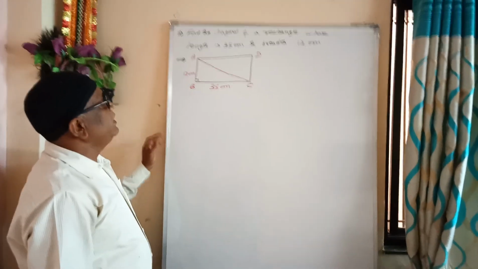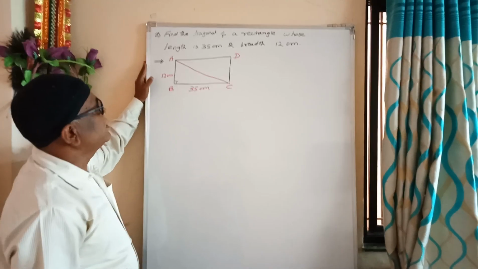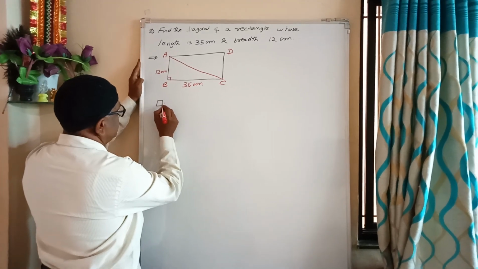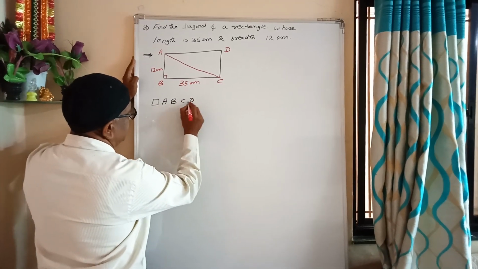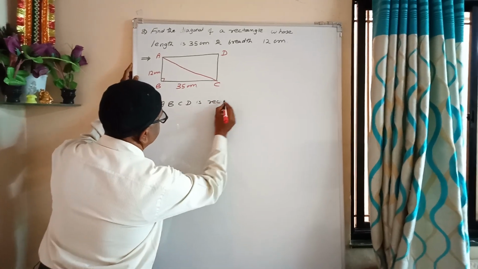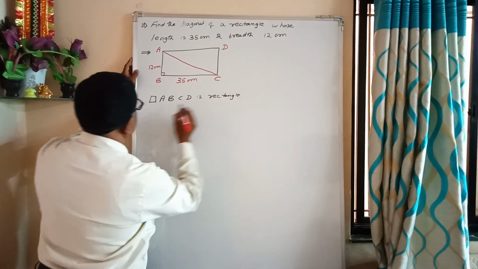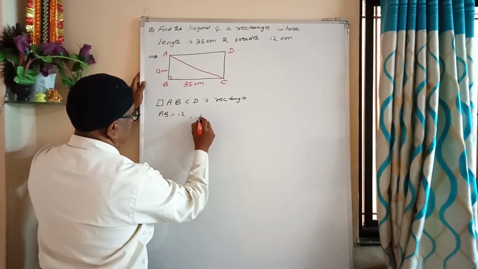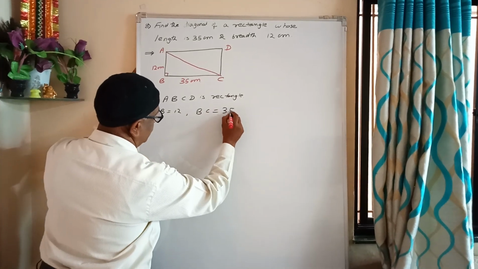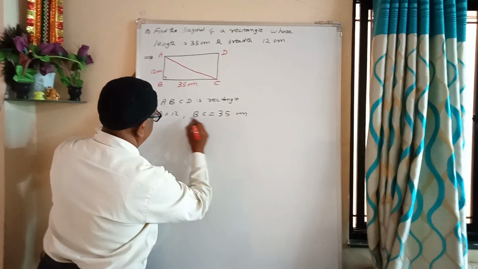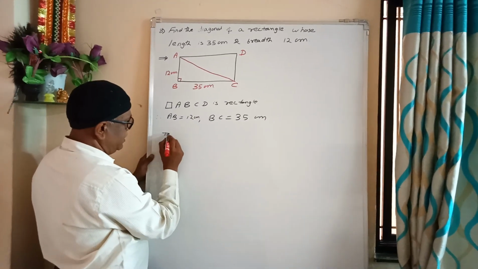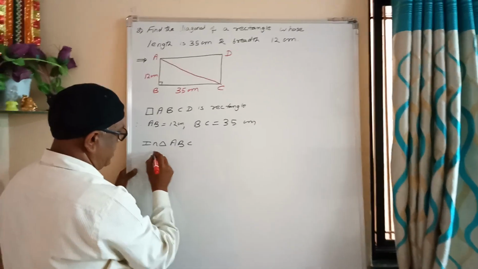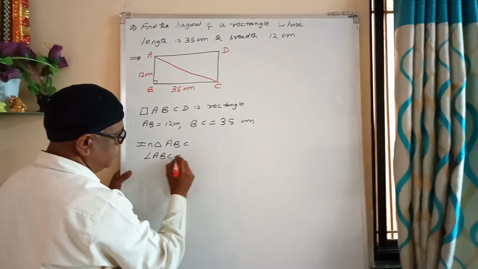Find the diagonal of the rectangle whose length is 35 centimeter and breadth is 12 centimeter. Now here the quadrilateral ABCD is a rectangle. Therefore AB is equal to 12 and BC is equal to 35 centimeter. Now in triangle ABC, angle ABC is equal to 90 degree.